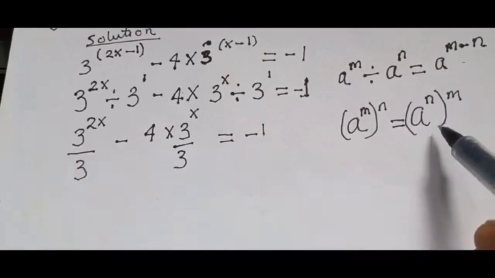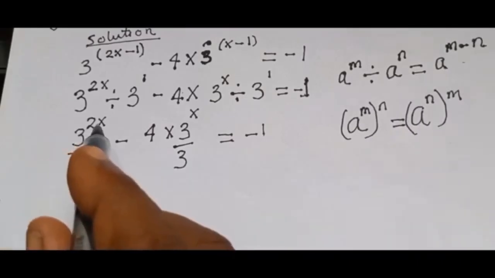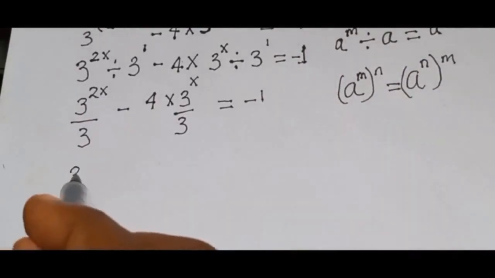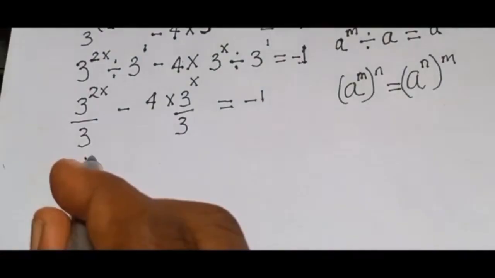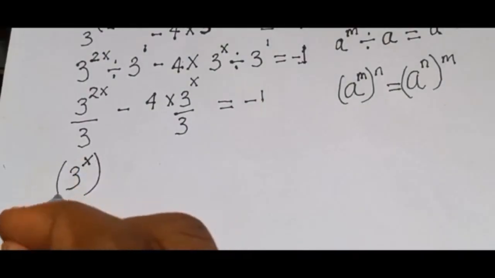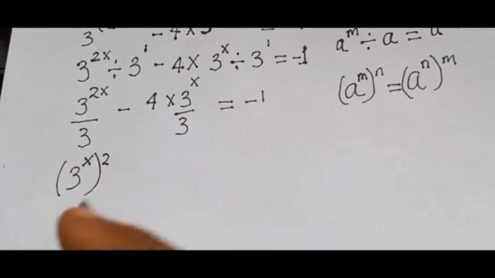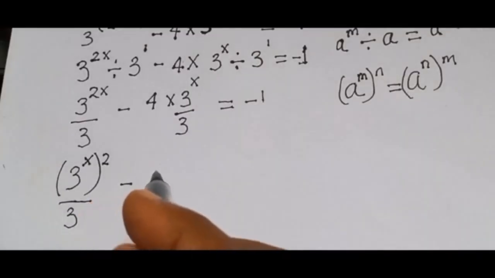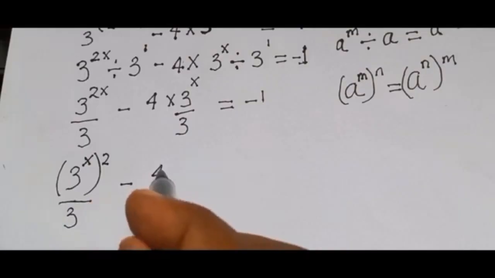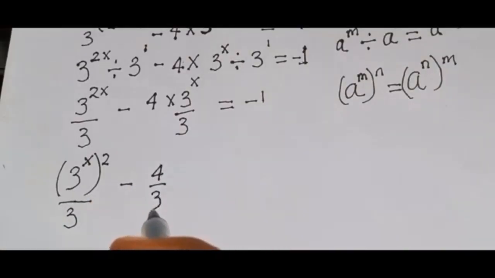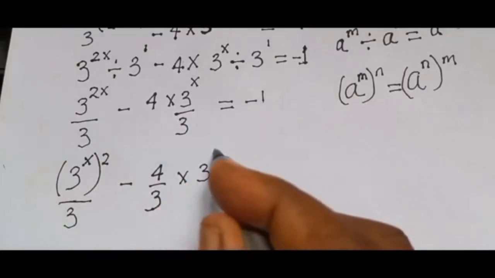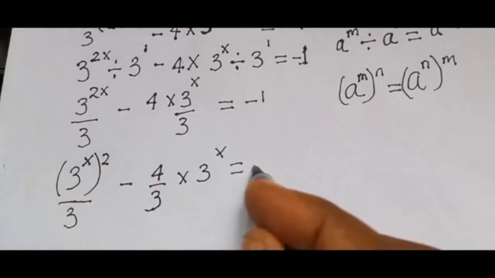Using this law of exponents, 3 raised to 2x can be written as 3 raised to x in the bracket raised to 2 over 3 minus 4 over 3 times 3 raised to power x equals -1.